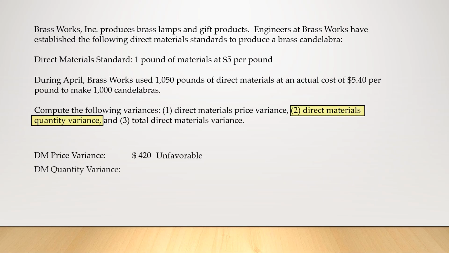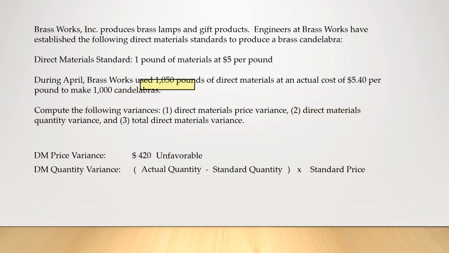Next, we'll do the direct materials quantity variance, which is the difference between the actual and standard quantities, multiplied by the standard price. The actual quantity is 1,050 pounds. The standard quantity is the product of the standard pound of materials per candelabra times the 1,000 candelabras produced, or 1,000 pounds.